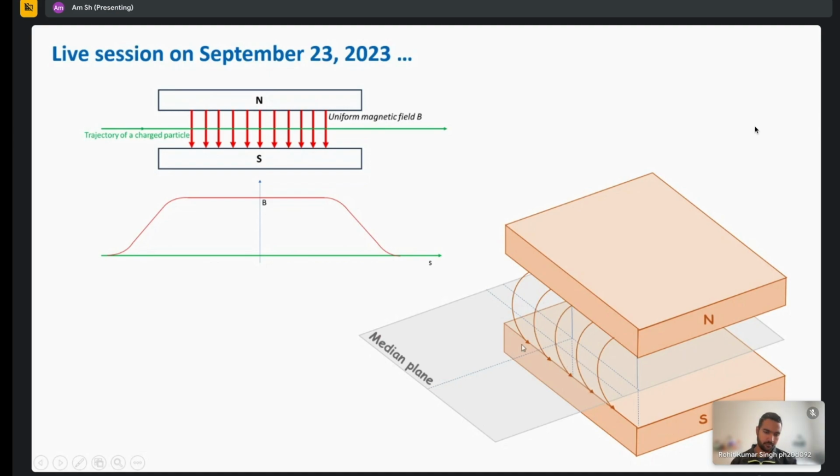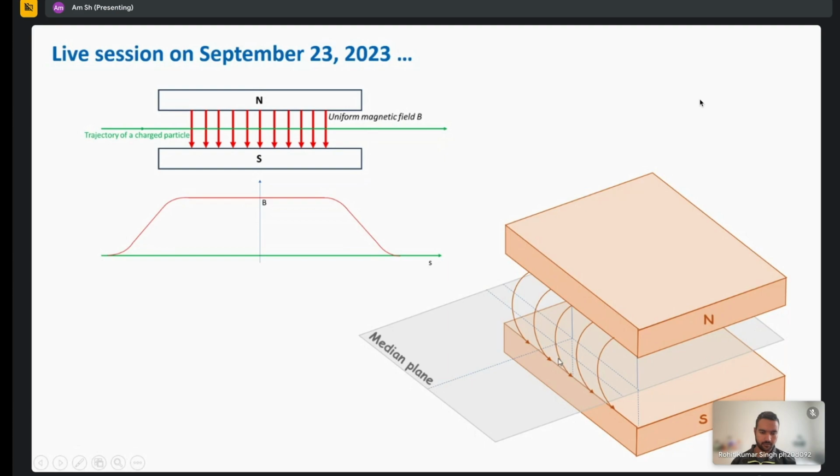Now on the mid plane there will be an exactly vertical component. If we go above the median plane, between the north pole, there will be a component in the vertical direction as well as in the minus s direction. Means if the trajectory is in the s direction, this component will be in the minus s direction, and the opposite is true for points which are below the median plane.